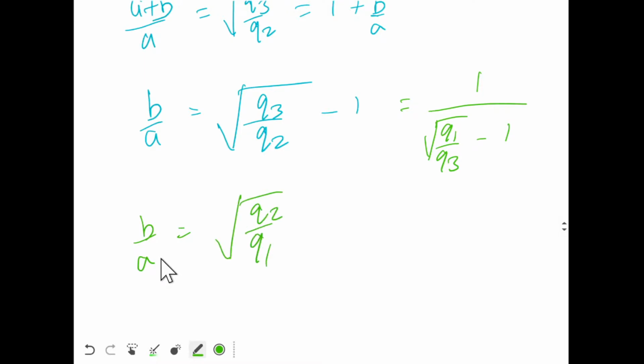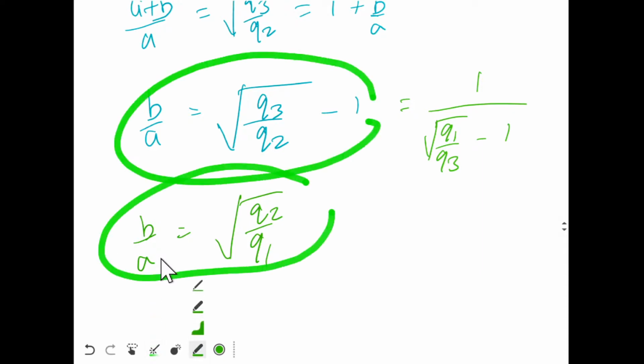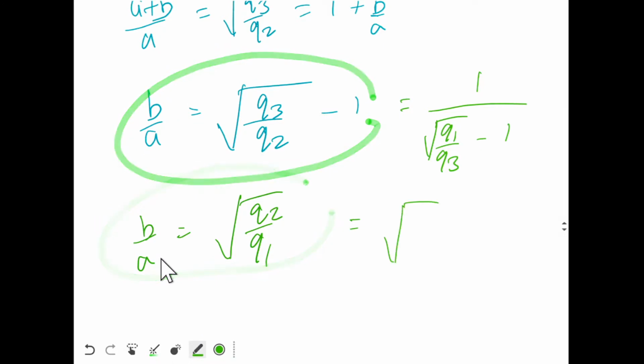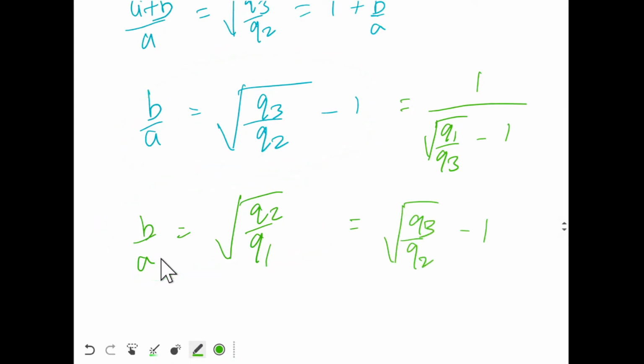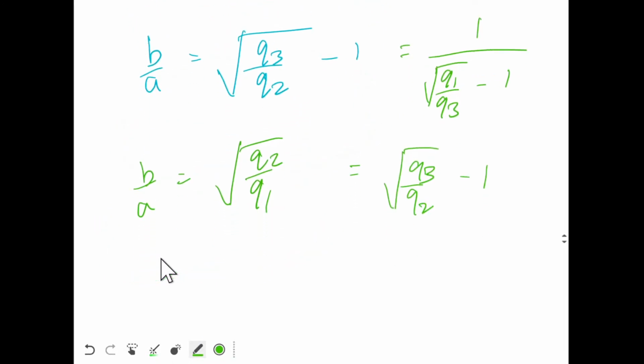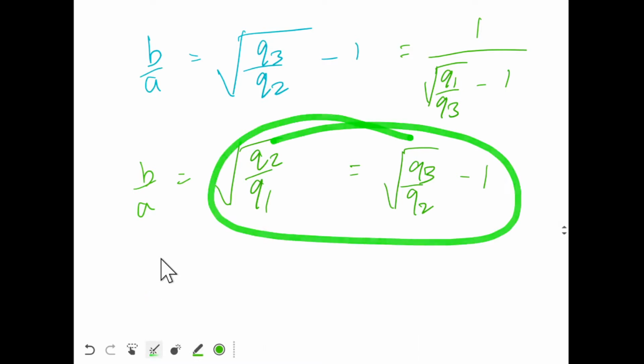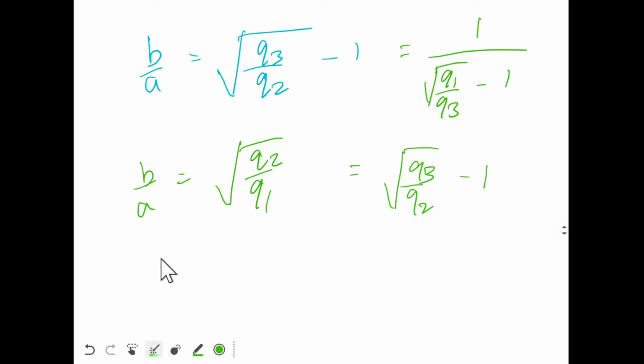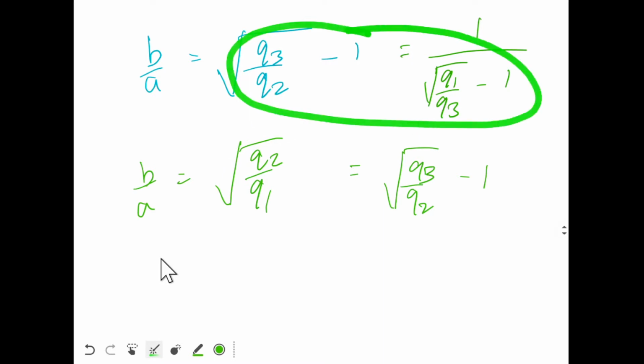In fact, you could equate them as well. So this is equal to under root q3 by q2 minus 1. So you can solve this equation to find q3 as well, or you can use the other equation to find q3, whichever you want.